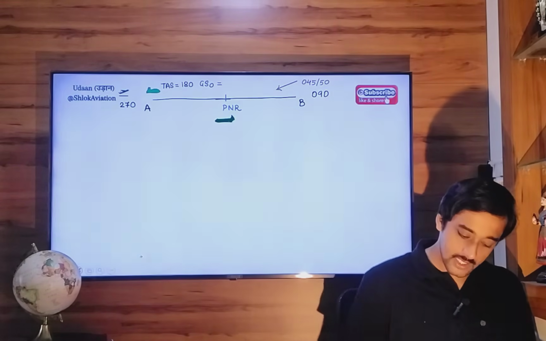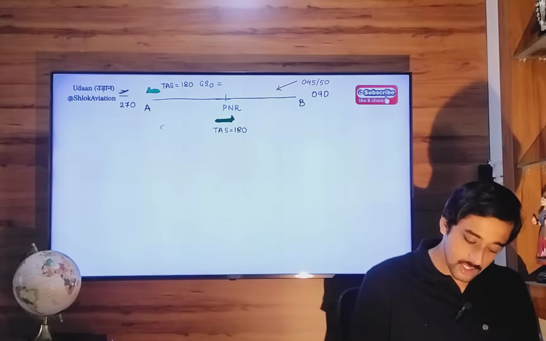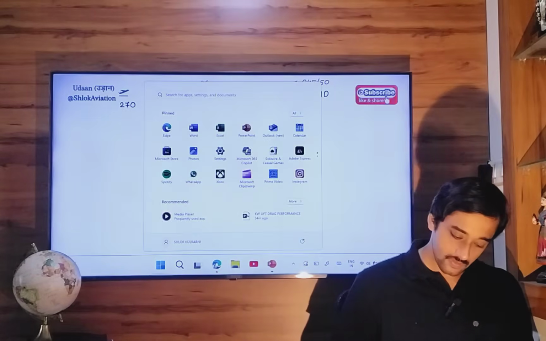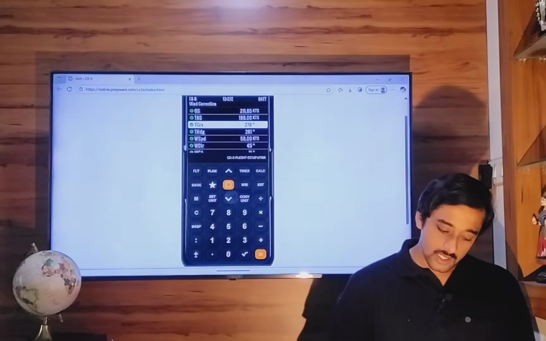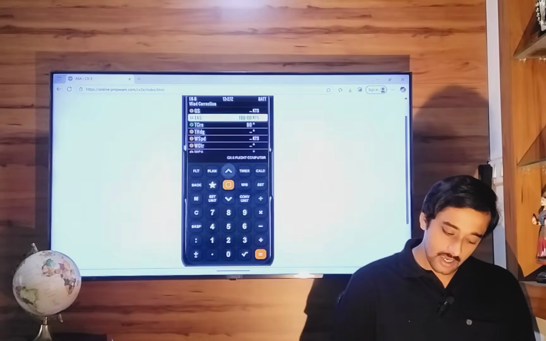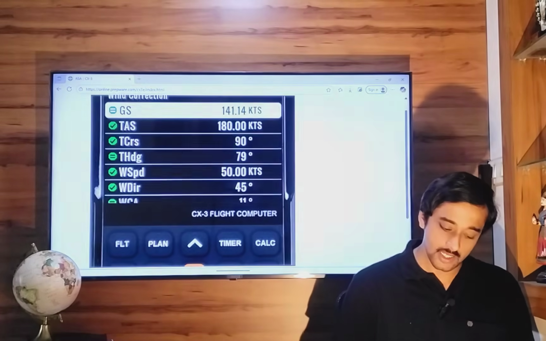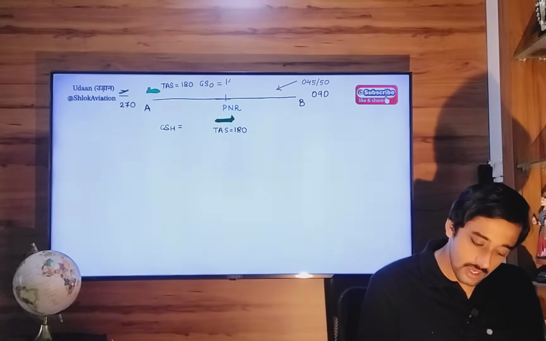The true airspeed of this aircraft again is 180. Homebound ground speed we will calculate using CX3. So true airspeed 180 knots, outbound course 90, winds 50, 45 degrees. So outbound ground speed is 141.